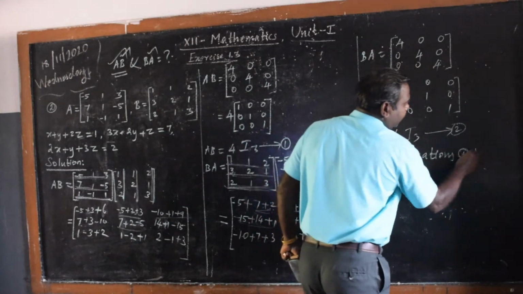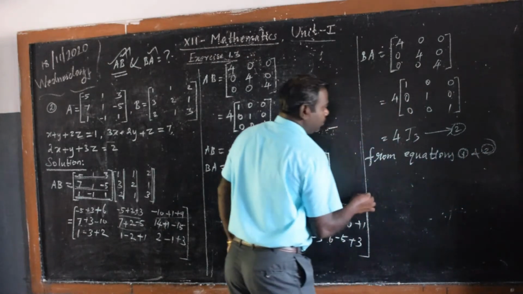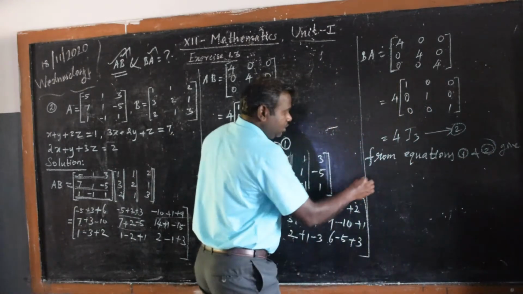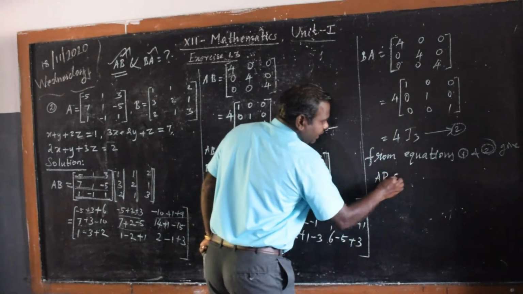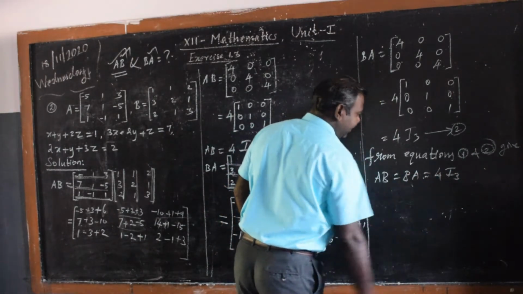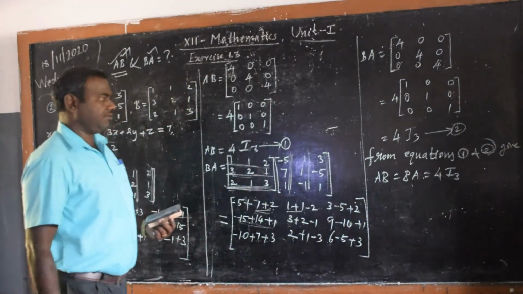From equations 1 and 2, use A into B equal to B into A equal to 4 into I3, identity matrix.